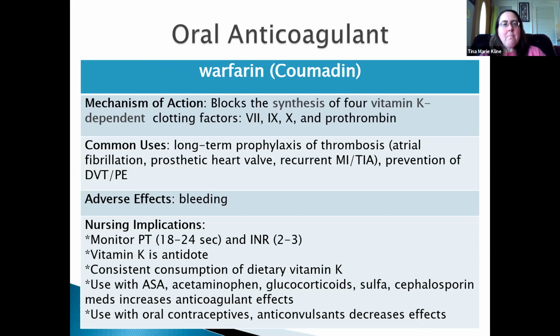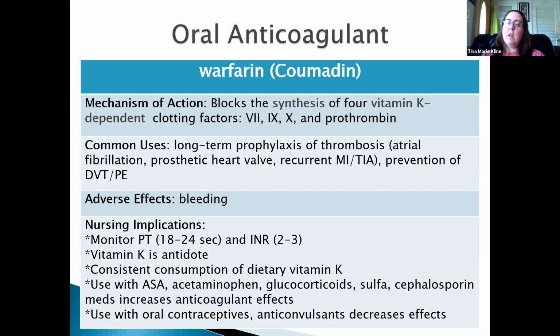Great question. So for warfarin, this is going to block the synthesis of vitamin K dependent clotting factors. That's why the antidote for this is vitamin K. The important thing to understand is this is a medication that has a longer onset of action, a longer duration.